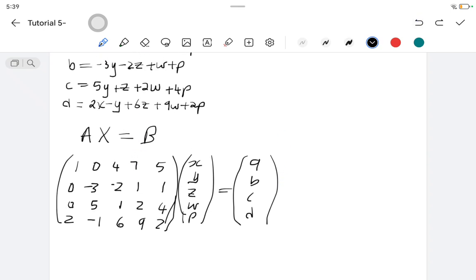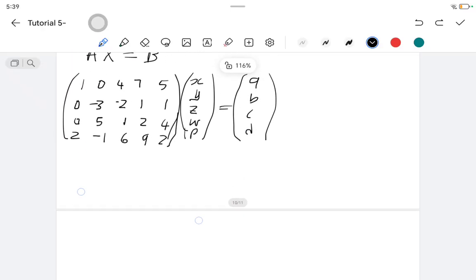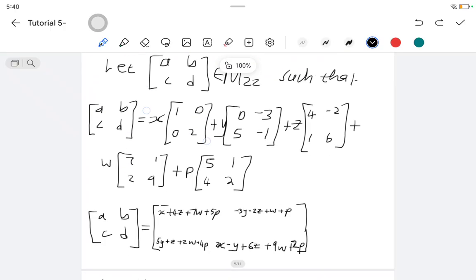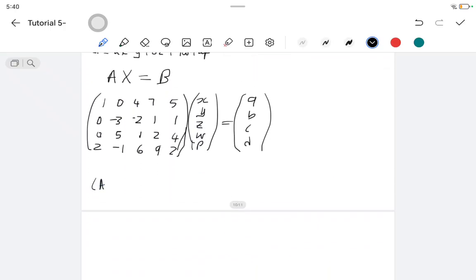Now from here, I said that we have many methods we can use to check if this is a spanning set, and also if it's linearly independent. One of the methods which we can use is determinants, but this is not a square matrix. You see right now, so we can't use determinants. So it means that we are forced to use the other methods. So since we want to check if this is a spanning set, we're going to use this.